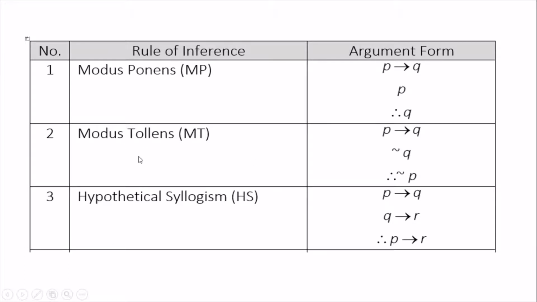That is modus tollens. Now, dito naman sa hypothetical syllogism, meron tayong dalawang premises wherein they are both conditional statements. Pero titignan ninyo that the consequence of the first premise becomes the antecedent of the second premise.